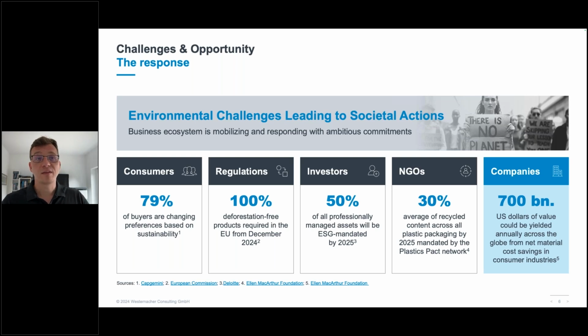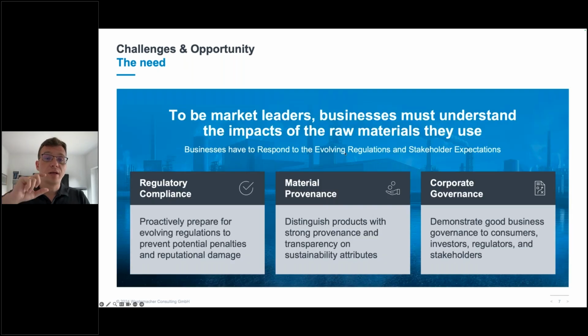One fact that I found very interesting is that more than 700 billion US dollars could be saved through material cost savings in the consumer industries. There are certainly interesting facts, and out of this come, on the one hand, challenges in how to deal with this, but also business opportunities.